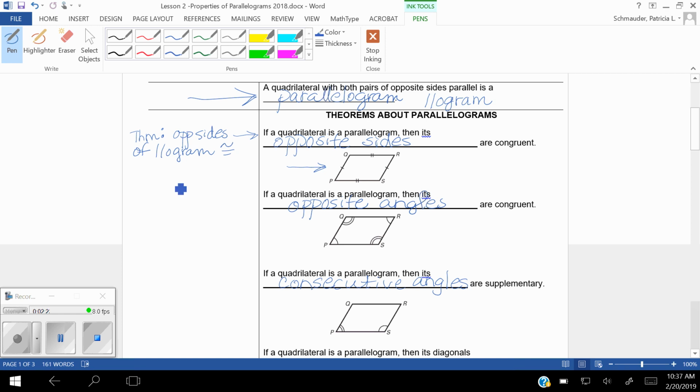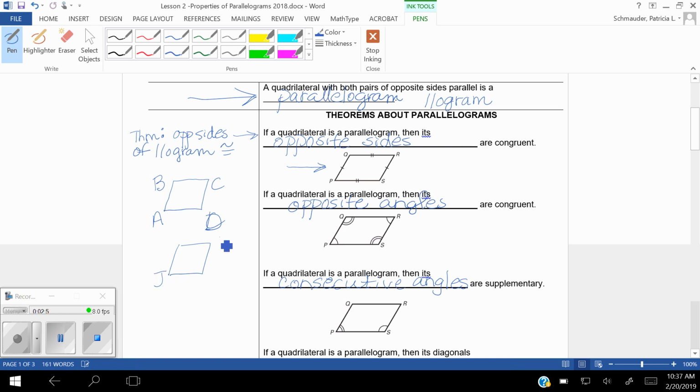And before I forget, I want to highlight one thing here. Whenever we're labeling parallelograms, let's say we want to call this parallelogram that I've drawn over here ABCD. If I start here with A, then I have to go clockwise. Oops, sorry, that should be D. Okay, ABCD. So if they tell me parallelogram JKLM, I couldn't do this.